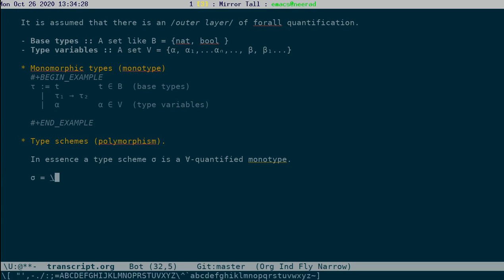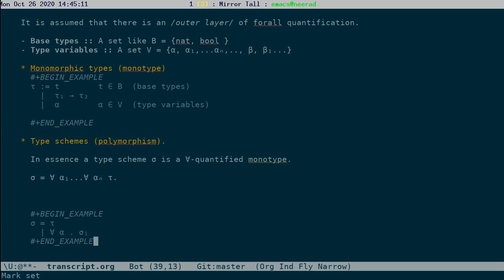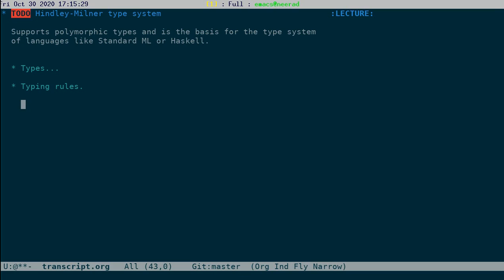Sigma looks like for all alpha 1, etc., for all, and tau for some monotype. Formally, a type scheme can be defined as follows. Sigma is either a monotype or it is for all alpha sigma 1, where sigma 1 itself is a type scheme.